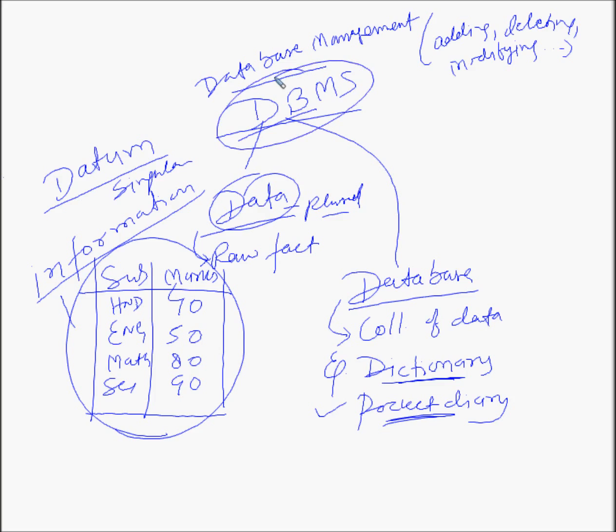So I can say a system which allows you to manage database is called DBMS, right? So it is a kind of a system, technique, technology which help us to manage the database and we get data on demand.